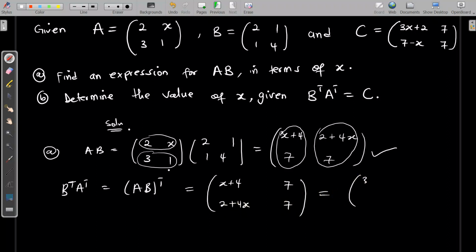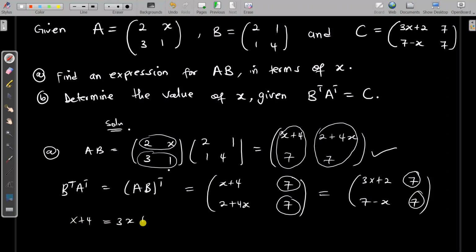And C is 3x plus 2, and then 7, 7 minus x. And this makes sense because we did equality of matrices in our first lesson on matrix operations, and we realized that these entries should be the same, and this makes sense, right? So the only other part to do is to make sure that the first entries are also the same, or maybe these ones.